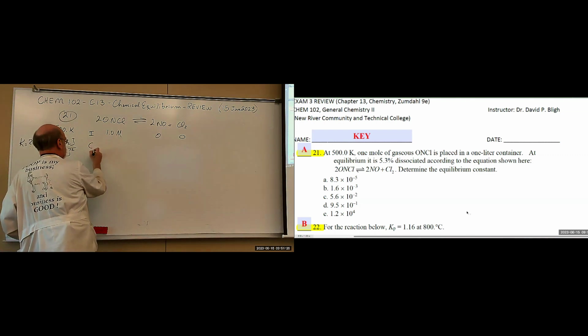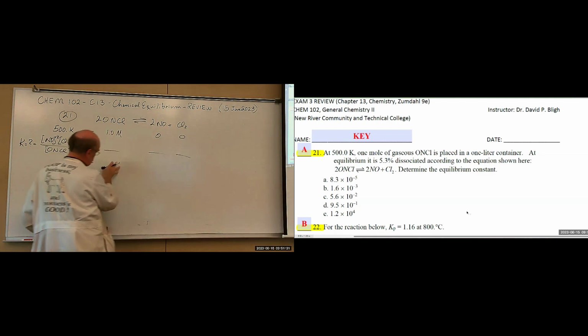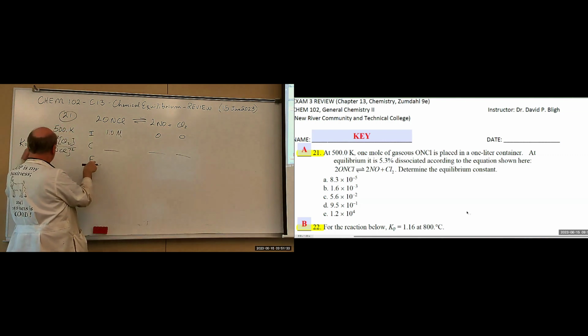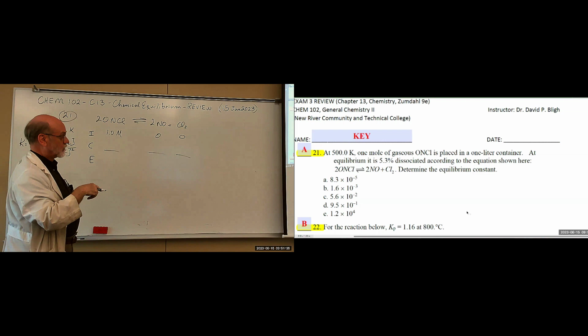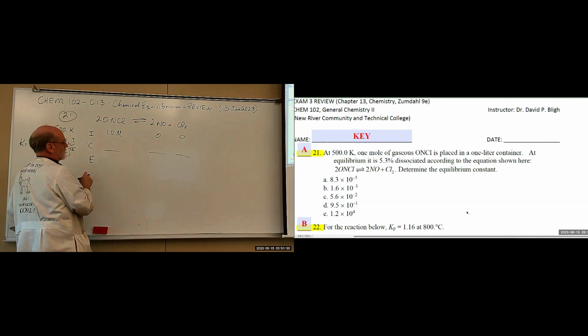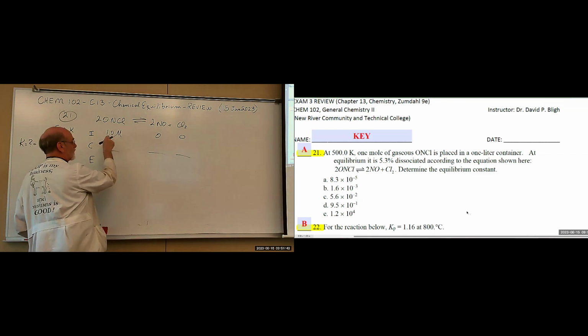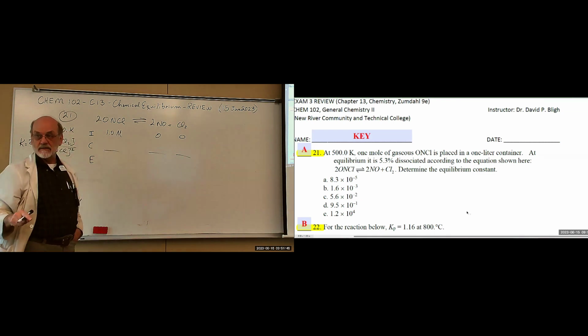So what kind of change are we experiencing, and then what's the equilibrium? Because we need to know the equilibrium in order to calculate the K. Right, we're told that it's 5.3% dissociated. So 5.3% of that amount disappears.